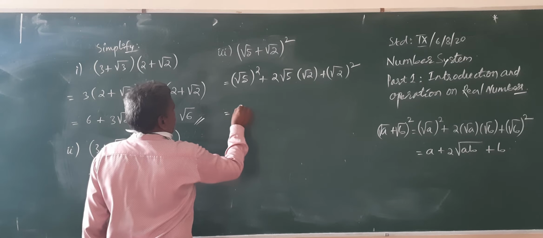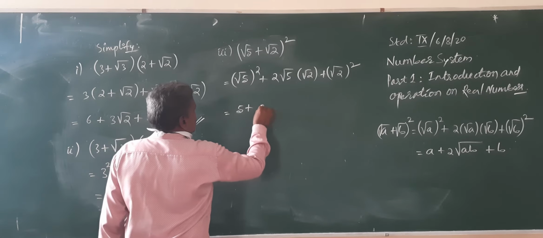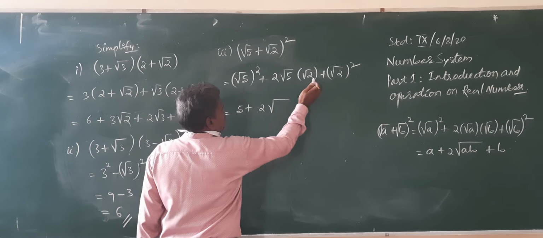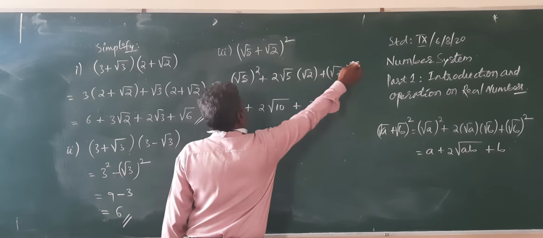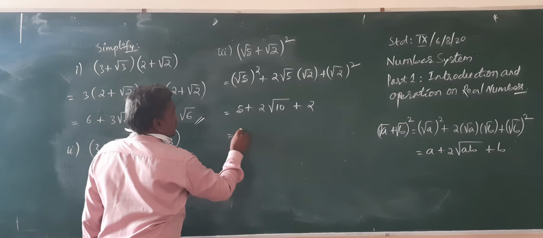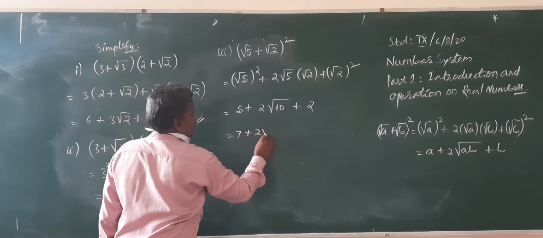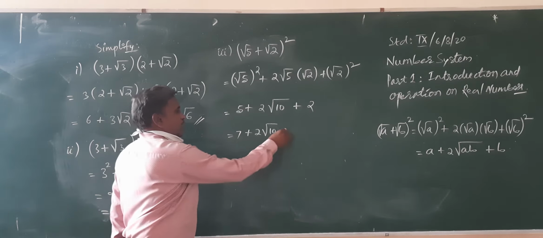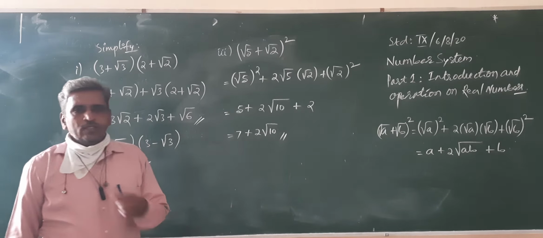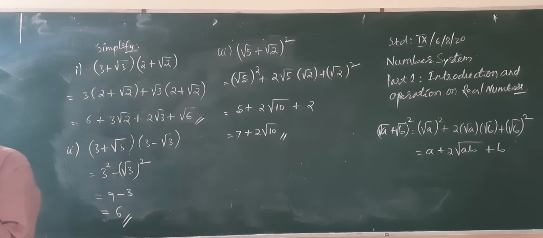Equals 5 plus 2 root of 10 plus 2, since the square root of 2 square means 2, equal to 7 plus 2 root 10. That is the answer. This is the simplification they are giving. Yes, this is a simple example.